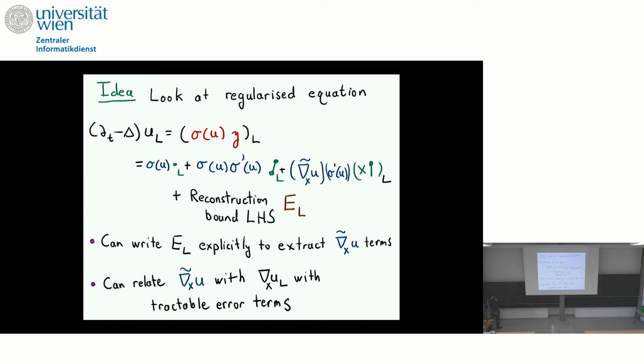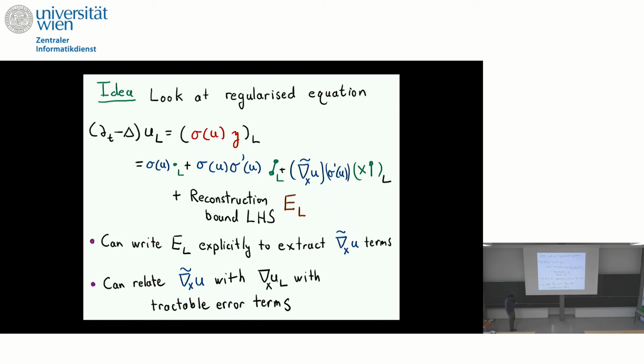And then the second important fact for this equation being tractable is that you can relate the regularity structures gradient with the gradient of the regularized solution with error terms that are tractable.